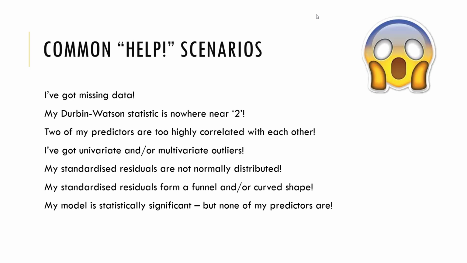Okay, so I'm going to assume that you have finished that. You've had a go at that walkthrough. So some of the common issues with regression, we've already talked about some of these. One of them is that you've got missing data. How do you handle it? Well, there are two core approaches, and we'll talk through that.